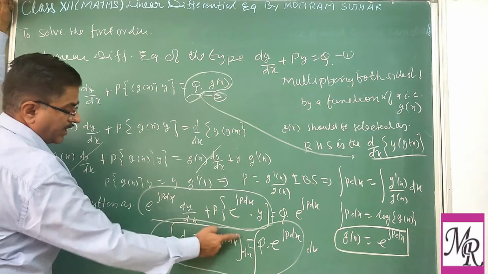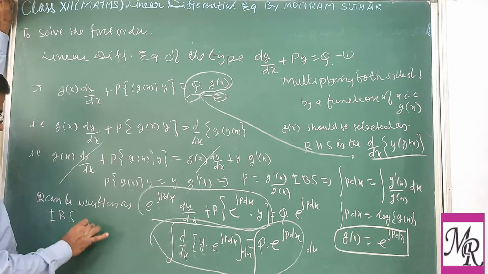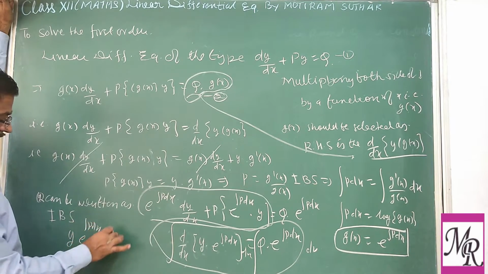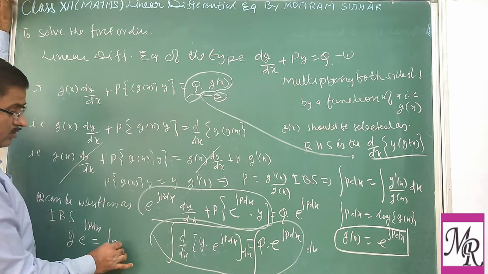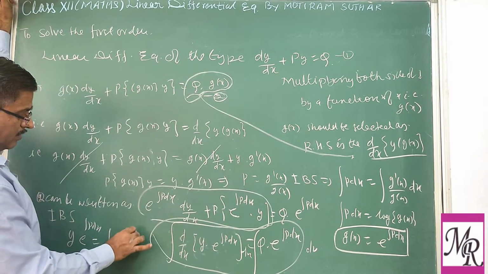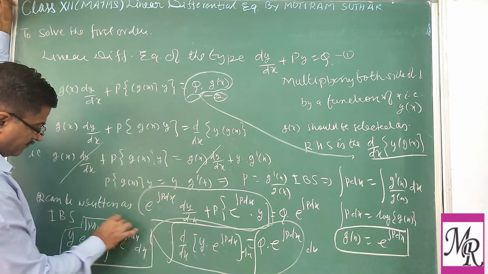So what we get is only the bracket value, that is y e to the power integration p dx, equal to the integration of q e to the power integration of p dx into dx, the right side remaining the same. So this is the solution.